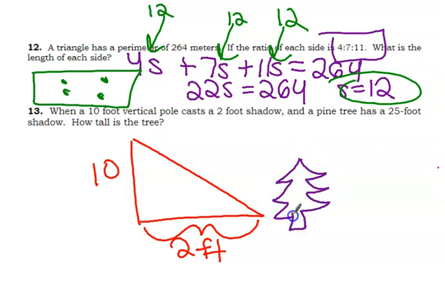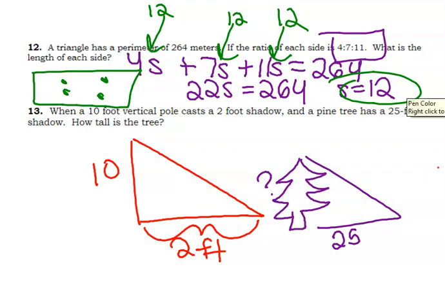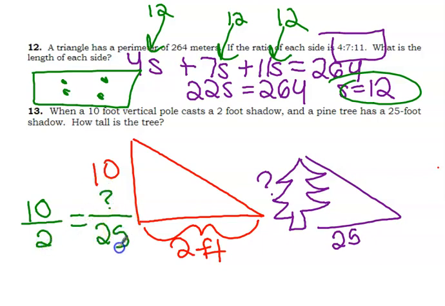There's the bell, fun times. I am at school. So the pine tree casts a 25-foot shadow. All right, let's find that. Well, let's cross multiply, y'all. So we're going to put the heights on the top, so we don't know what the tree is, over 2 over 25. Let's cross multiply.